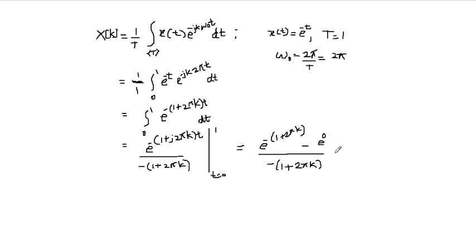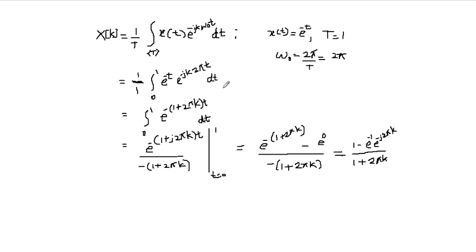And to remove this minus sign, we can write e raised to 0 is 1, so it is 1 minus e to the power minus 1, and let's split this one, e raised to minus j 2 pi k.